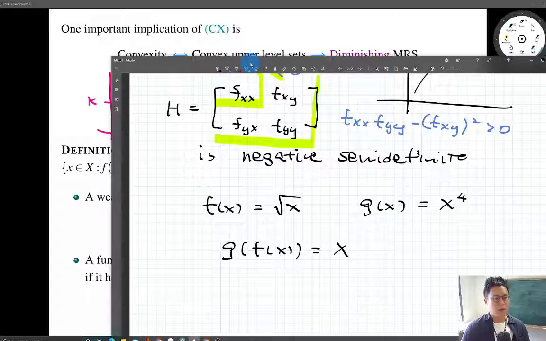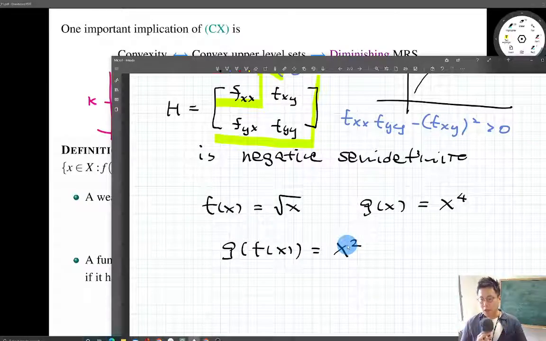Okay, then the composition becomes x squared. That is not concave anymore, it is convex, right? So although the original function is concave, a monotone transformation is not necessarily concave. Okay, so it is not an ordinal property.